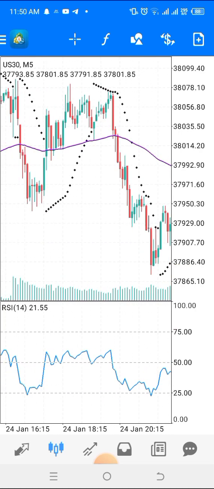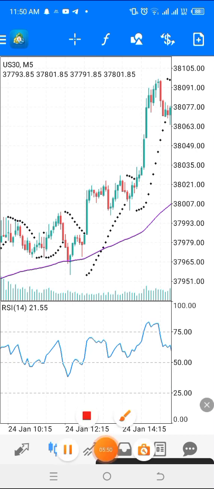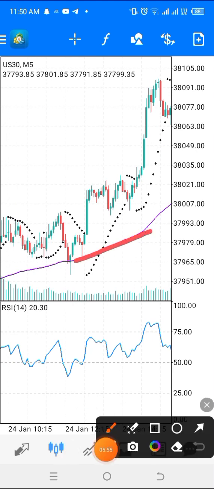Now let's look for a buy situation, and let me show you a buy situation. We have a similar situation here. First of all, we have the 100 exponential moving average here. And then we have the parabolic SAR dots coming down like this.